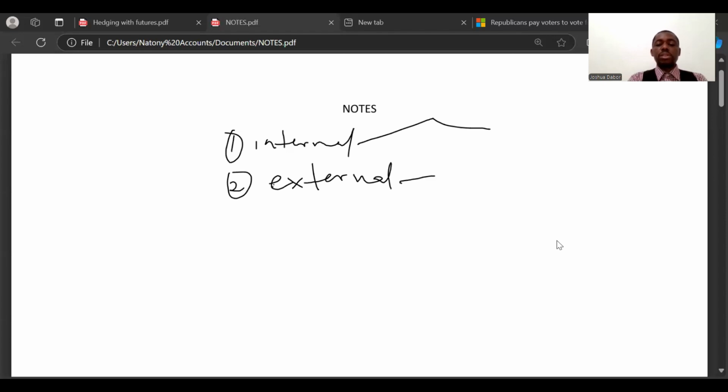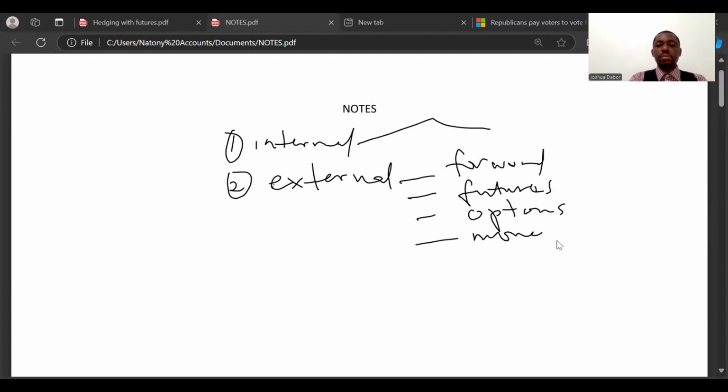The external hedging method comprises of the forward contracts. We also have the futures, options, and the money market hedge.